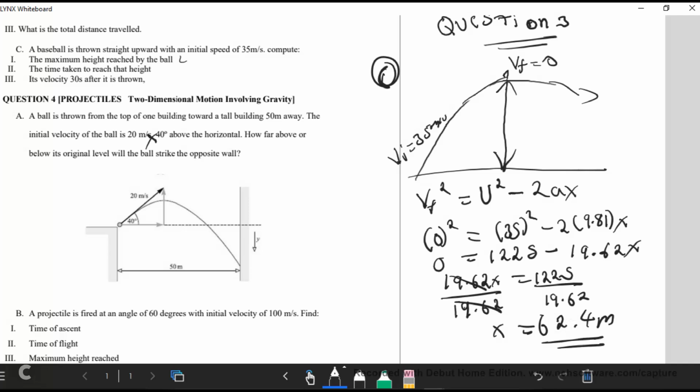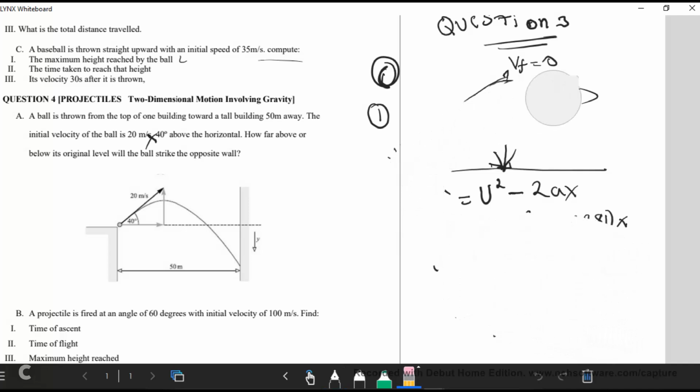So this was the displacement, or the maximum height, from here up to there. So that was your question 3C.